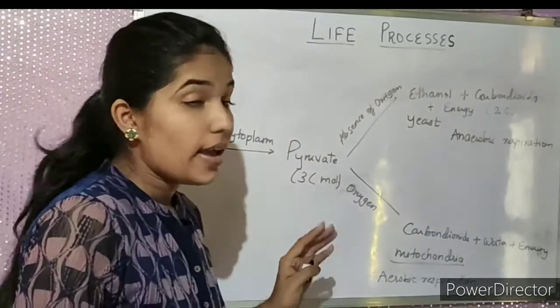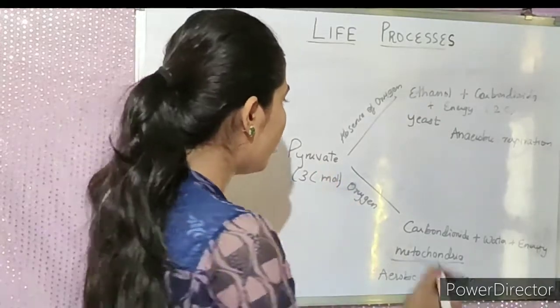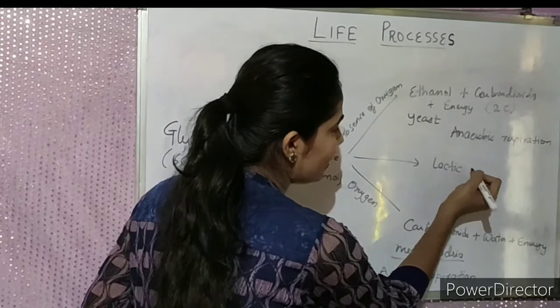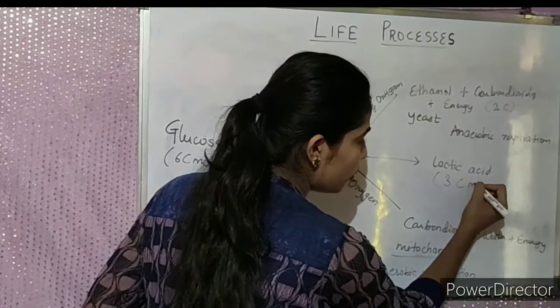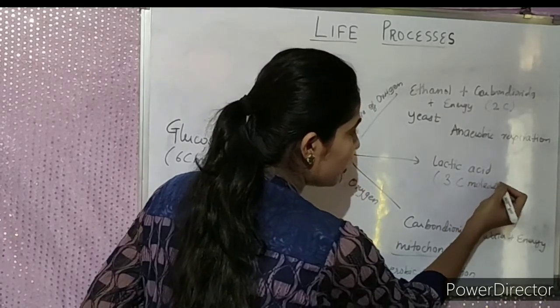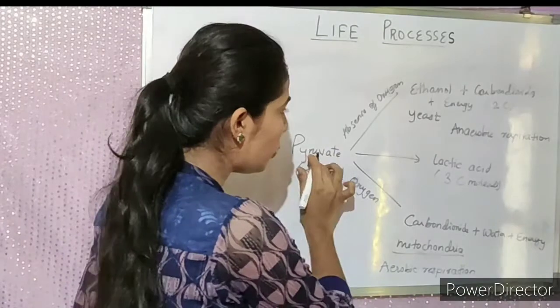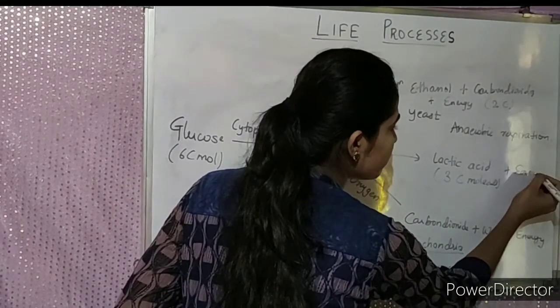Okay, and sometimes when there is lack of oxygen, this pyruvate gets converted into lactic acid. And this is a 3 carbon molecule. So when there is lack of oxygen, pyruvate gets converted into lactic acid plus energy.